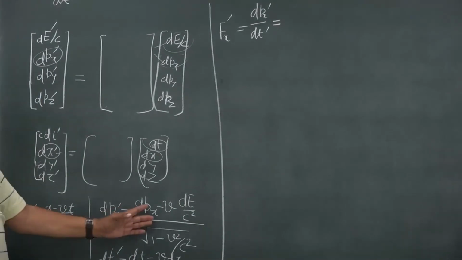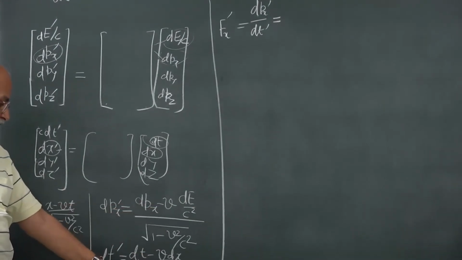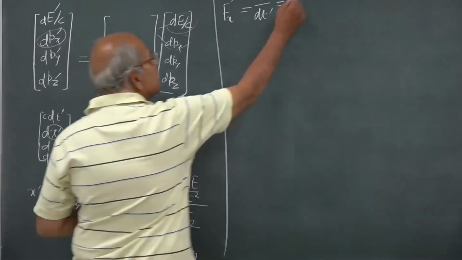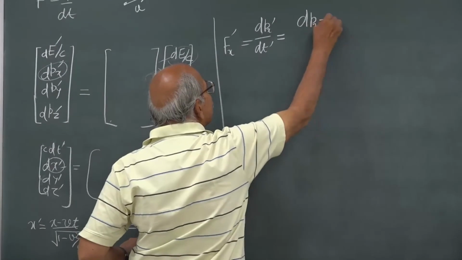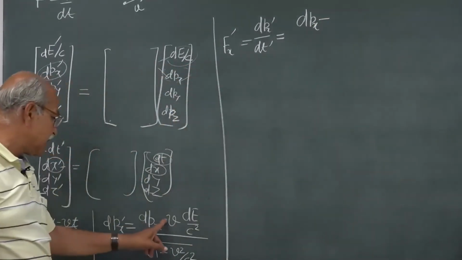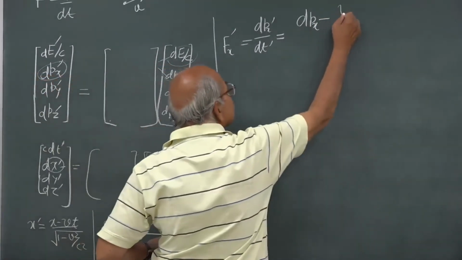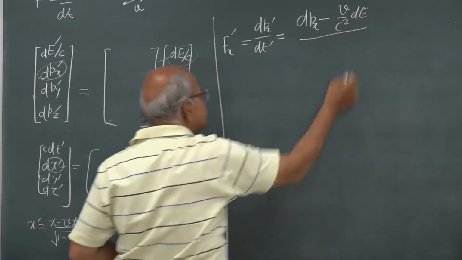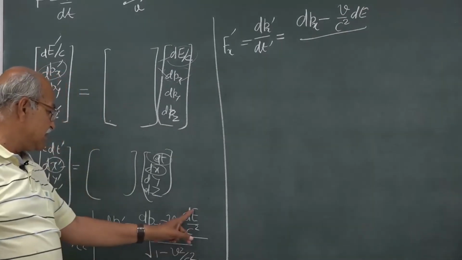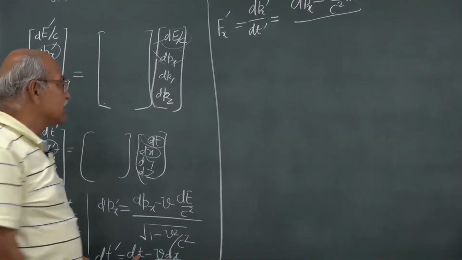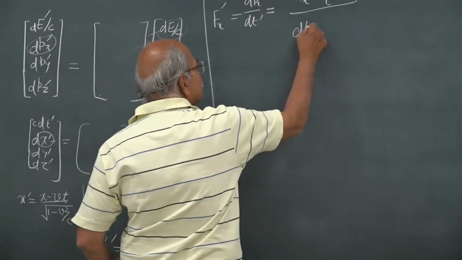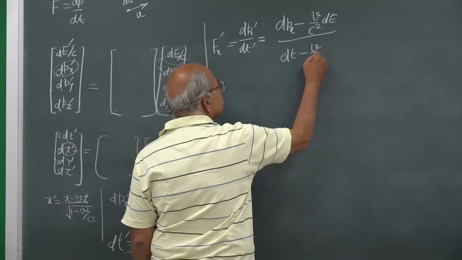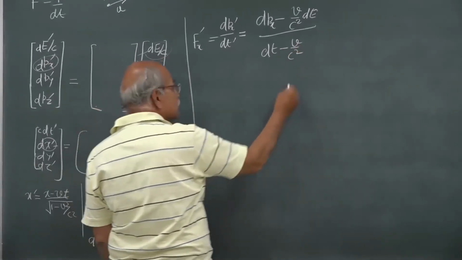So divide this expression by this expression, the denominator cancels out, and therefore you have dpx minus v by c square dE, divided by dt minus v by c square dx.